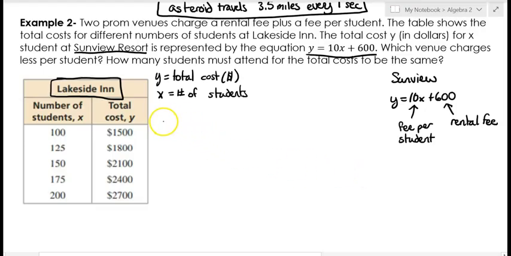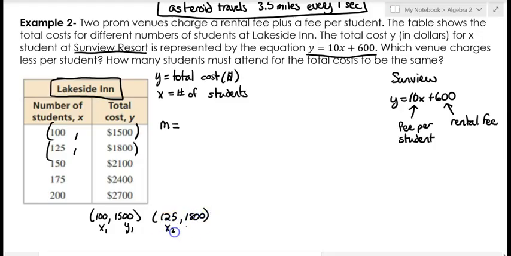Okay, so if we could find the fee per student, which is the slope at Lakeside Inn, then we could compare who was cheaper per student. Now, it doesn't actually matter which ones you do, you just pick 2 points. So I just picked this right here, 100, 1500, and then 125, 1800. If it helps you to label them, write them separately as points and label the first one x1, y1, and the second one x2, y2.